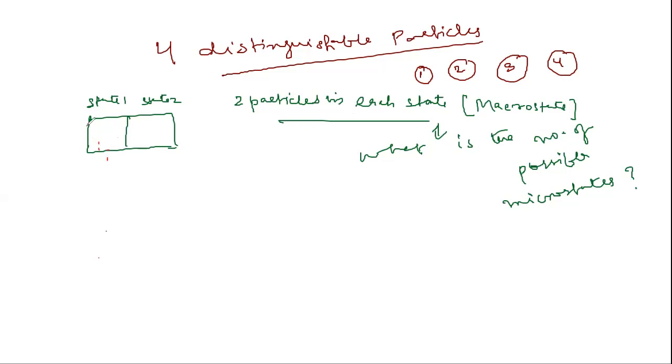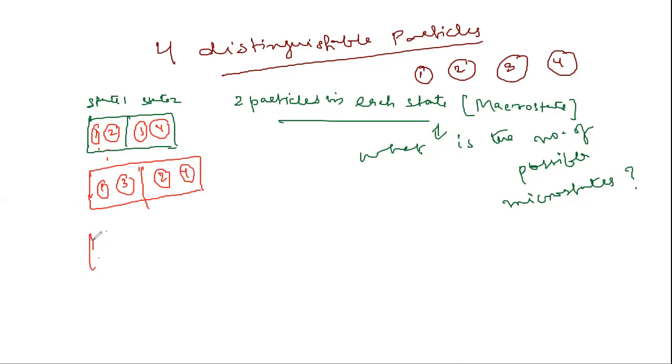One possibility is that I place particle 1 and 2 in state 1, 3 and 4 in state 2, that is chamber 2. This is my one microstate. What is the second possibility? Second possibility is I place 1 and 3 in state 1 and 2 and 4 in state 2. What is the next possibility?